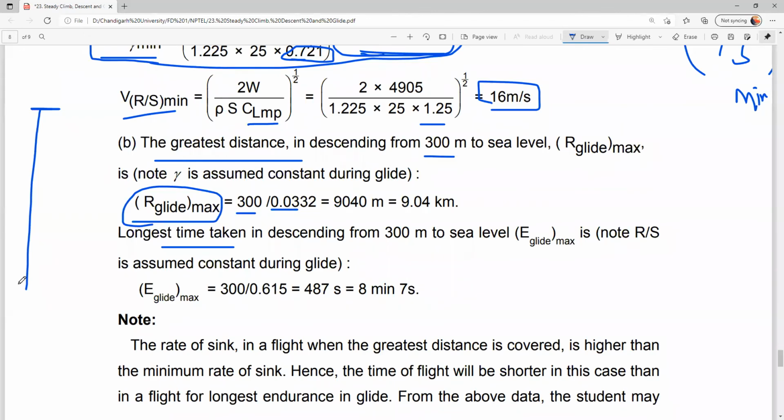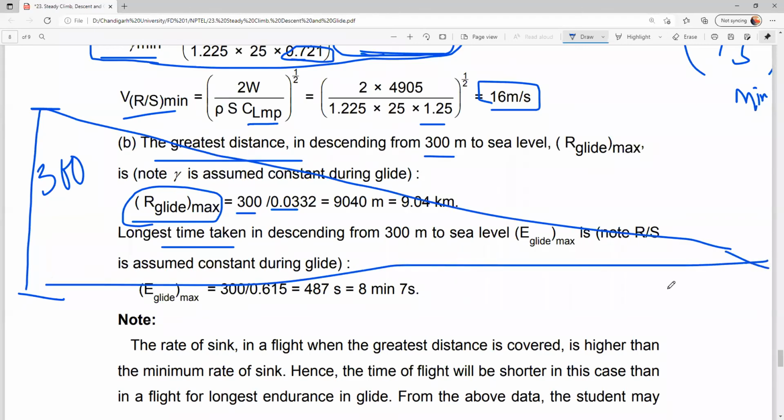Okay, altitude is 300 meter. This is range, and this is my angle. So it is nearly a right-angled triangle. So we are taking tan as opposite by adjacent, 300 divided by range. Cross multiplying, we will get this equation. Gamma minimum is given. So with that we are attaining 9 kilometer.